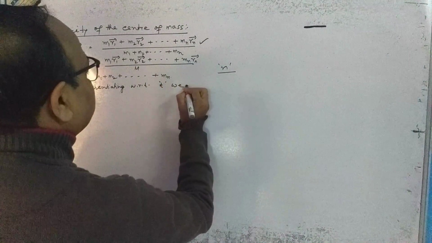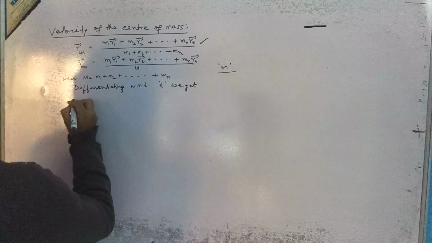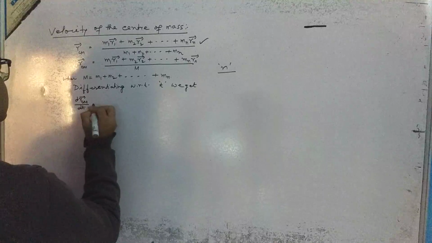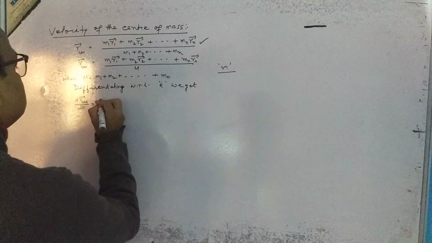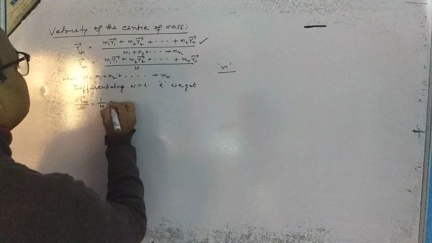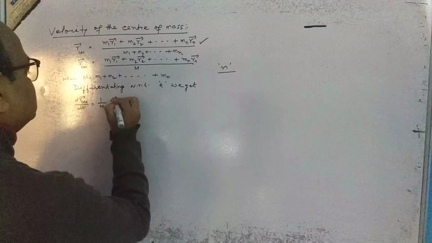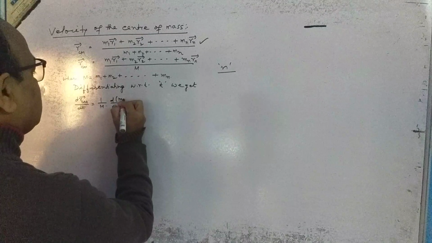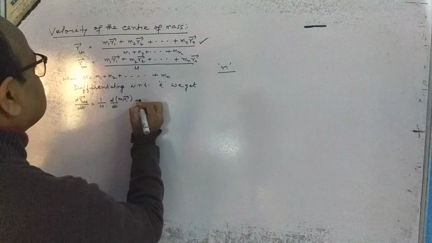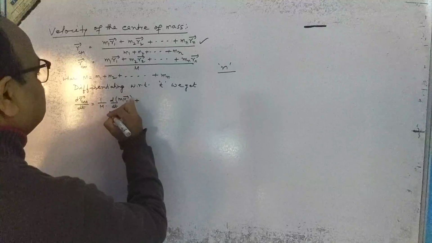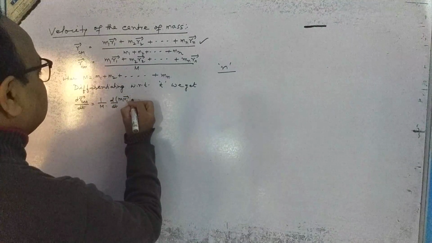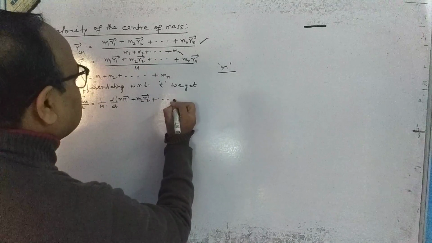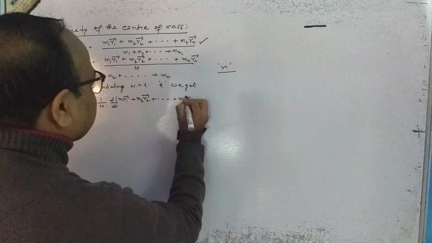We get dR_CM vector by dt is equal to 1 by M out here, d by dt of m1 r1 vector plus m2 r2 vector and so on up to mn rn vector.